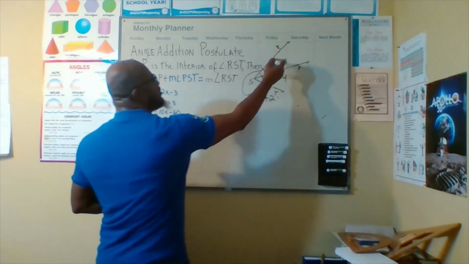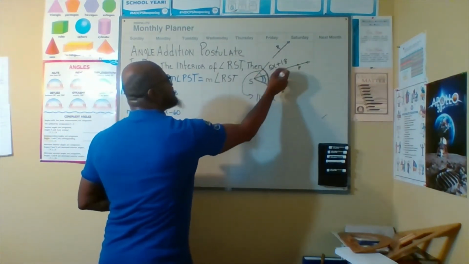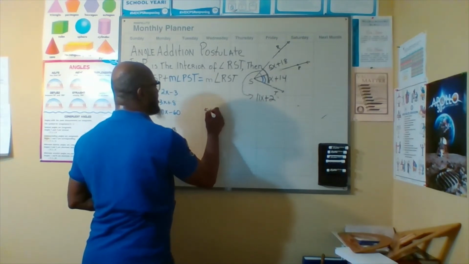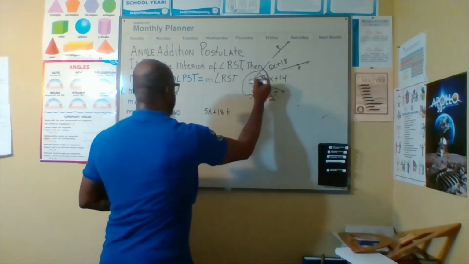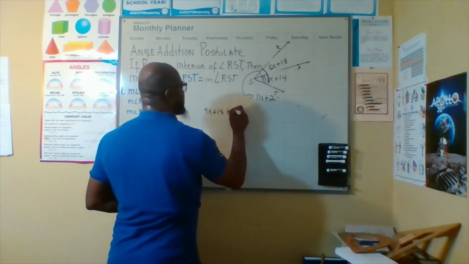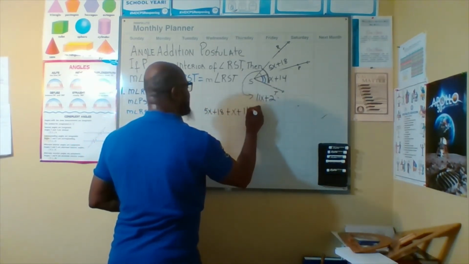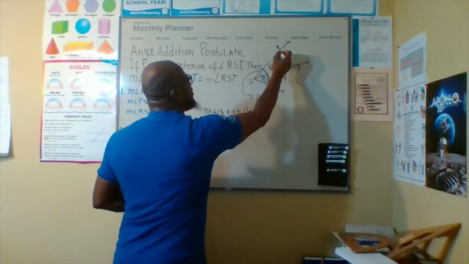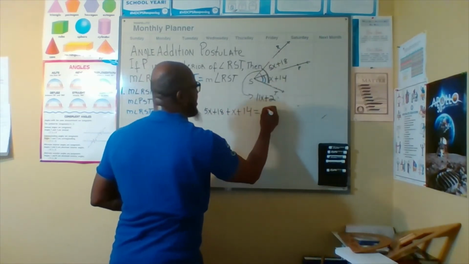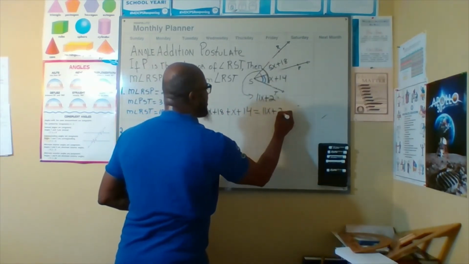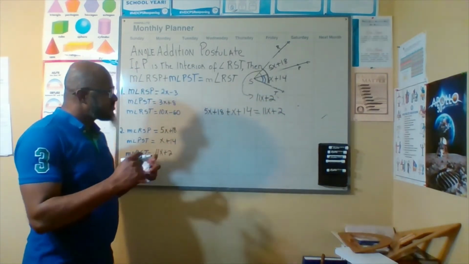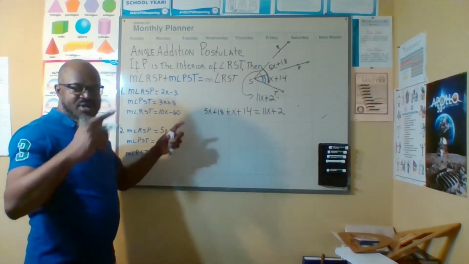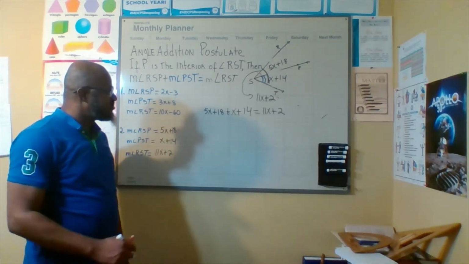So we know RSP, which is 5x plus 18, plus PSC, which is x plus 14, is equal to RSC, which is 11x plus 2. That's our equation. You sum up the two angles, and you let it equal the entire angle. That's the angle addition postulate.